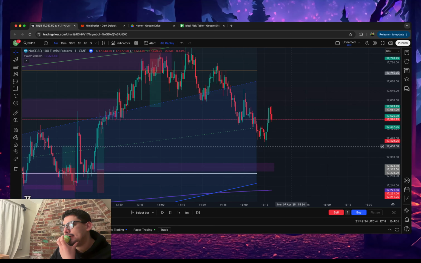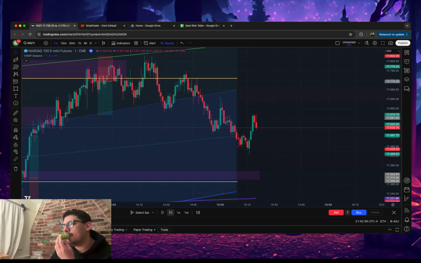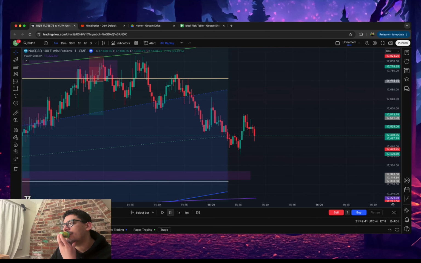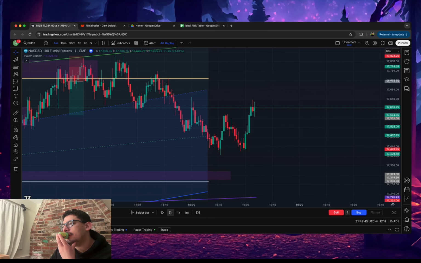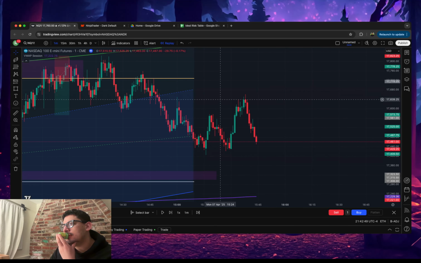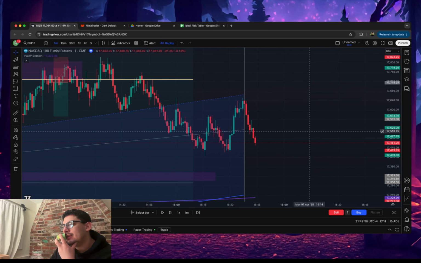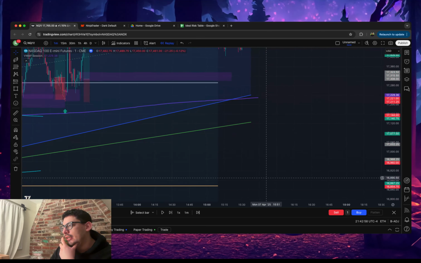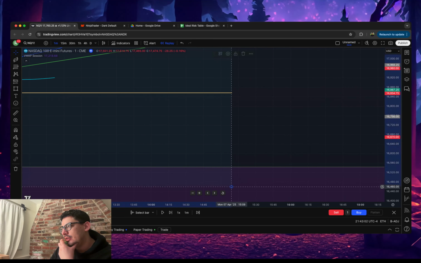A little bounce, I don't know why. Bounces off that midline, pretty nice. But still I don't see a lot going on there.